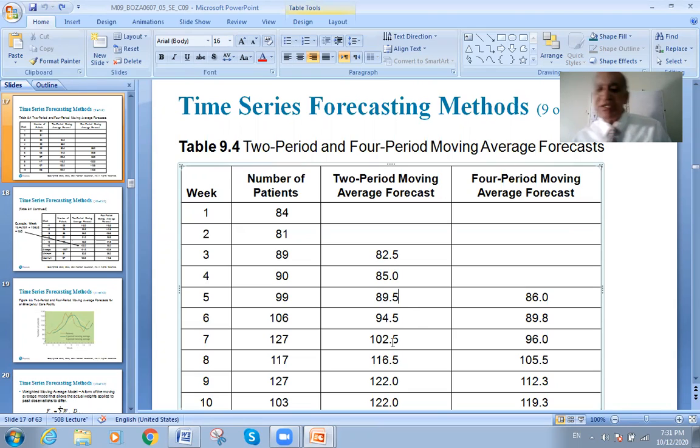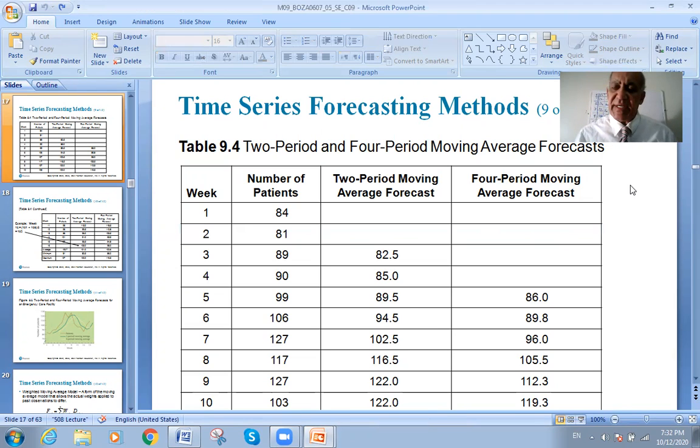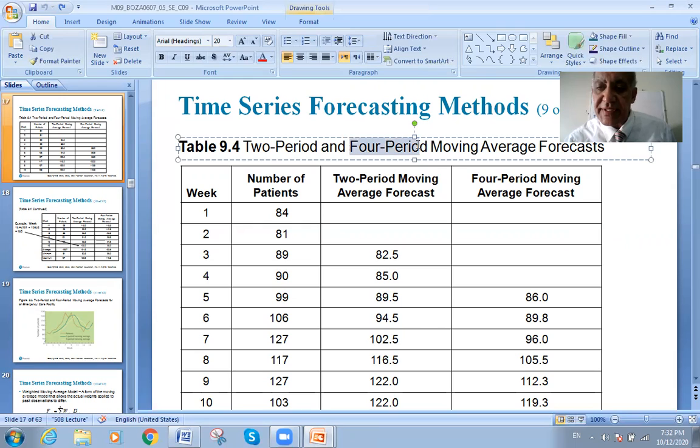Someone will ask, how about the four periods moving average? How can you do this? It's the same idea, but instead of dividing by 2 like here, we will divide by 4, because he said four periods.